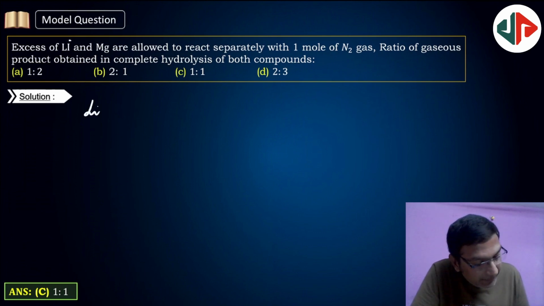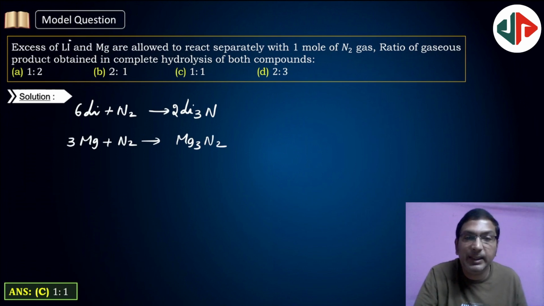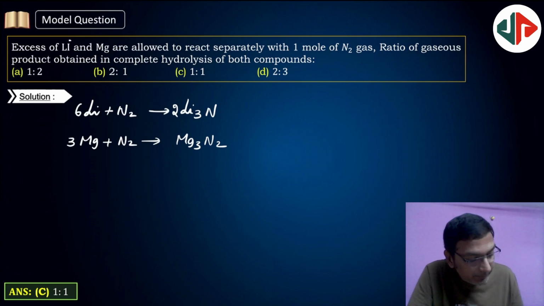So first, lithium reacts with N2 to form Li3N. So take here 2 moles, here 6. Next Mg: Mg plus N2 gives Mg3N2, 3 Mg. So lithium nitride and magnesium nitride, which on hydrolysis will give LiOH thrice plus NH3.